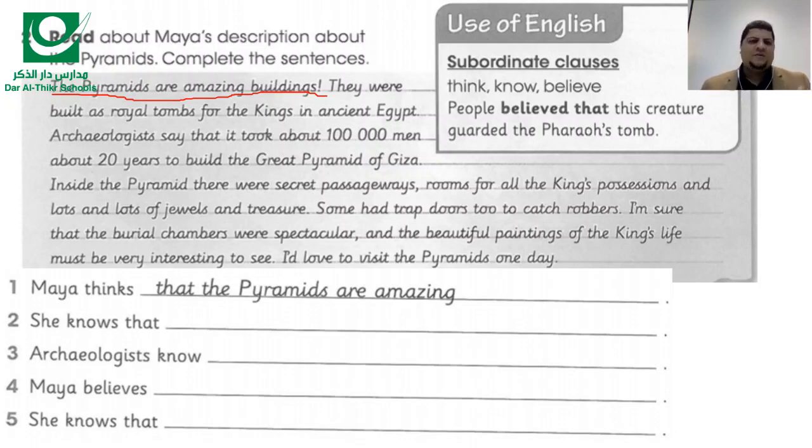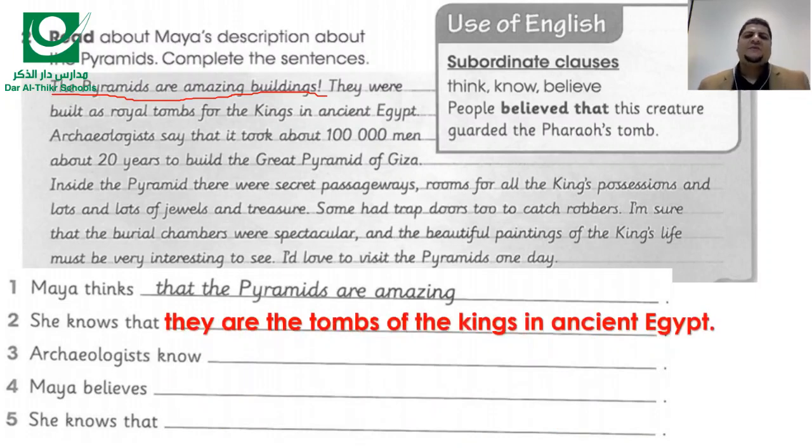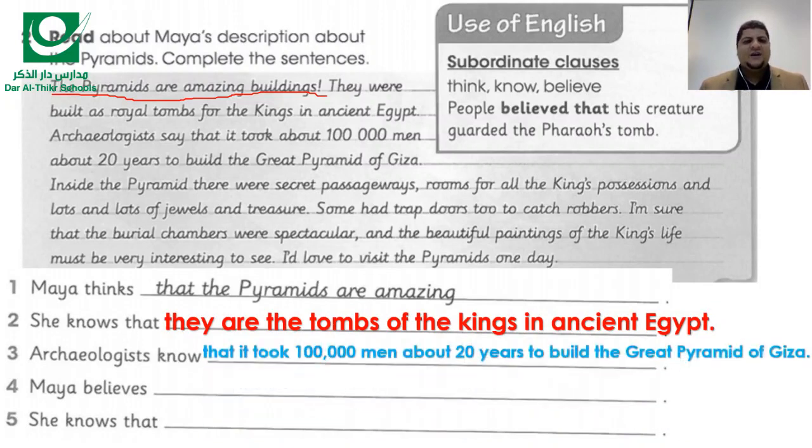We are going to go on like this. She knows that. Here she says they were built as royal tombs for the kings in ancient Egypt. So the answer is they are the tombs of the kings in ancient Egypt. I want you to write them in your activity book. Next, archaeologists. Now this is the same line here.